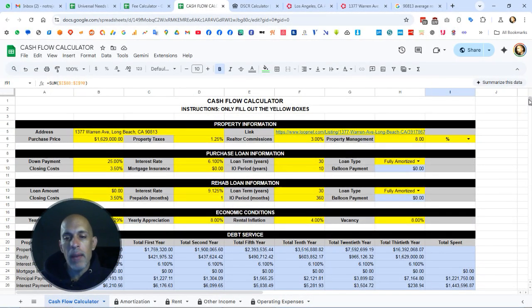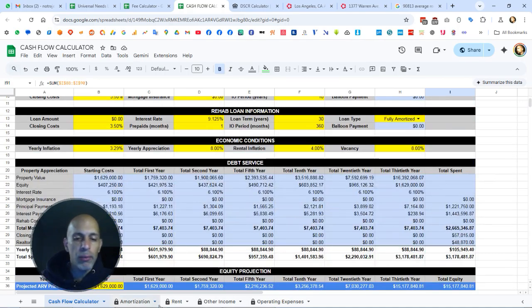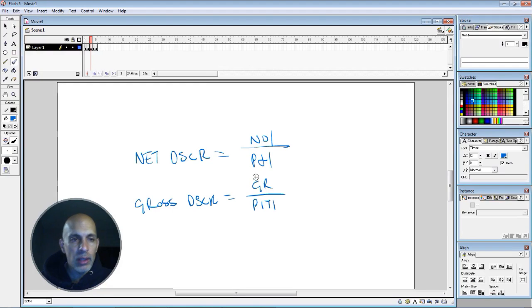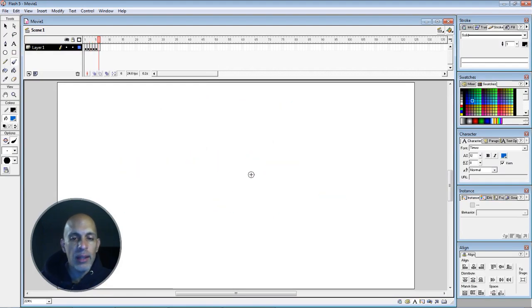If you want to pull that money back out so that you've essentially got a building for free, here's the formula to do that. This is to figure out when to do that cash out refi.